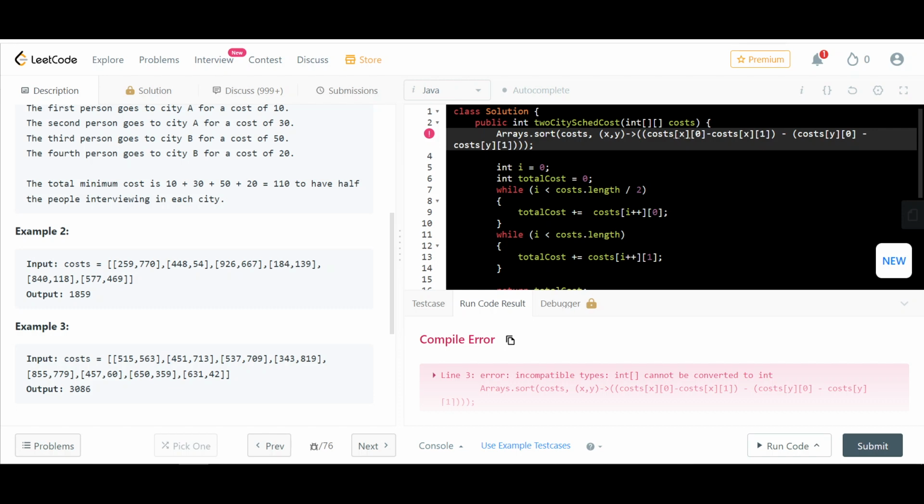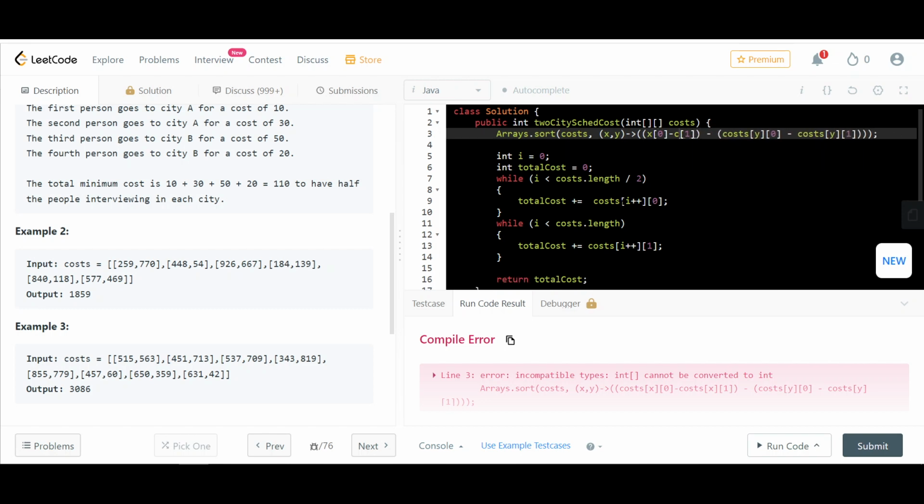So you're sorting like this, okay? It's a 2D array. You're sorting it based on all the 1D arrays. So x and y are here 1D arrays. Okay. So yeah.